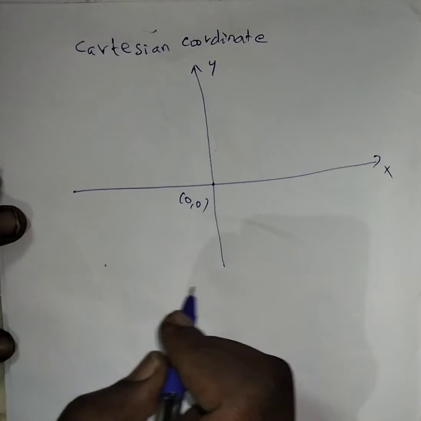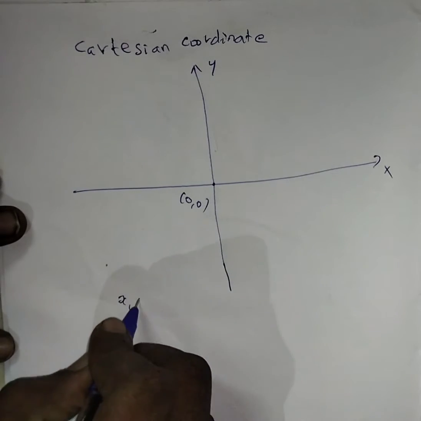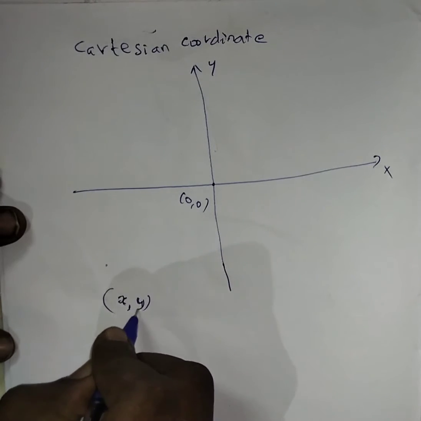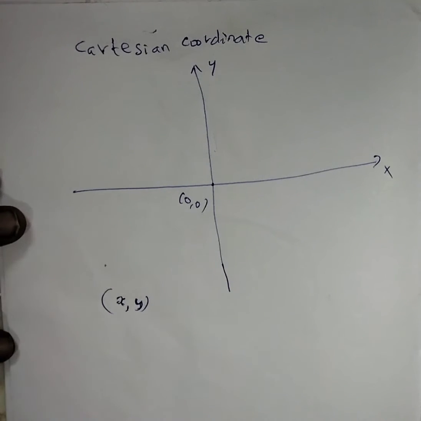If I write any coordinate, we write it as (x, y). So the x value is always in the first place, then we write the y coordinate value in the second place.